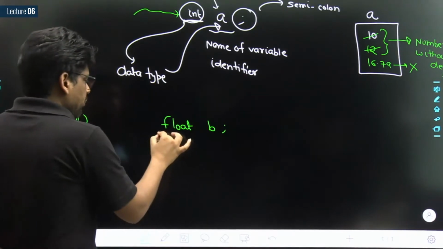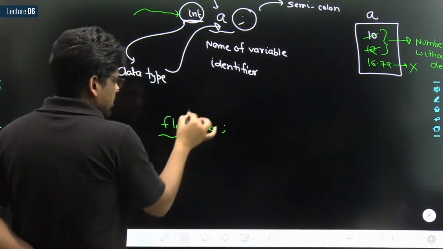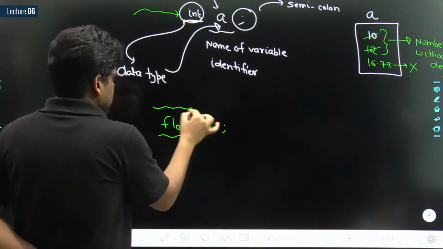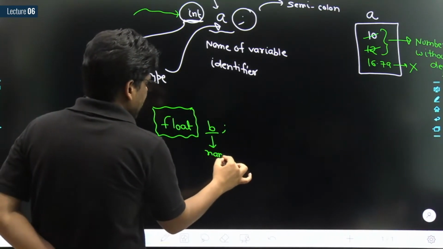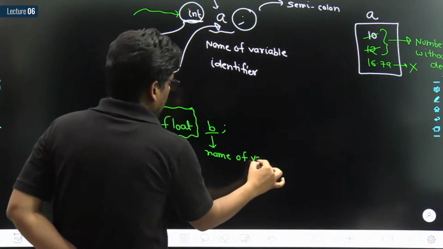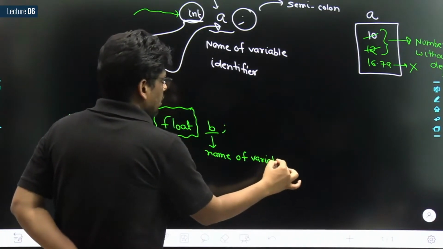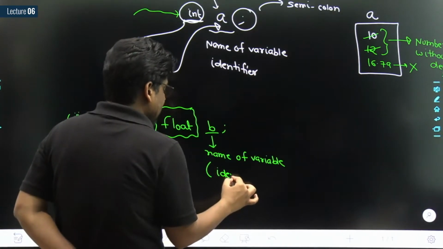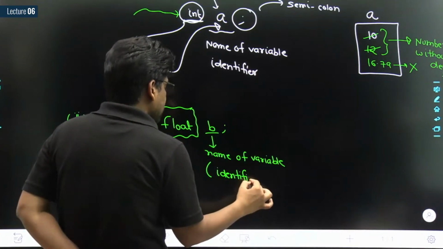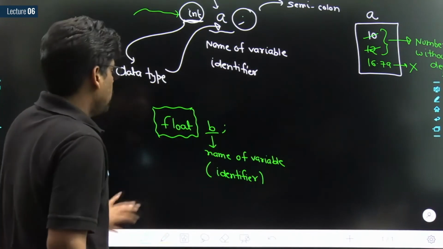Sir, for a floating point number, what do we need to attach? Sir, what is b here? Sir, b is the name of a variable. It is of our choice. And that is also called an identifier.